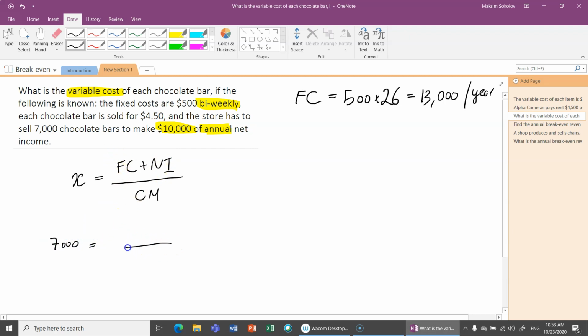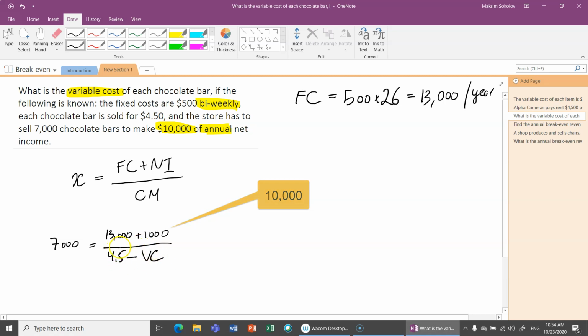Fixed costs, we already calculated in annual terms, it's $13,000, plus net income $10,000, and contribution margin is the difference between selling price, which is 4.5, and variable cost, which we don't know.